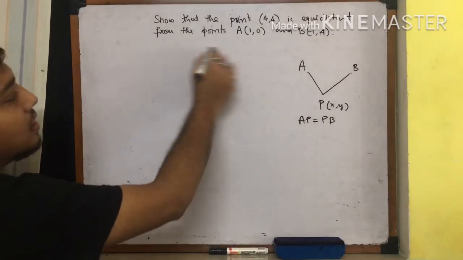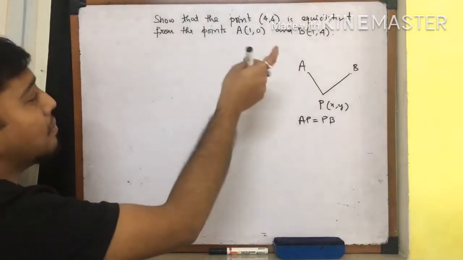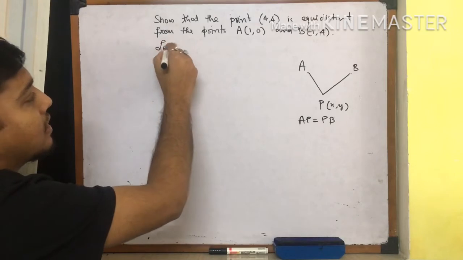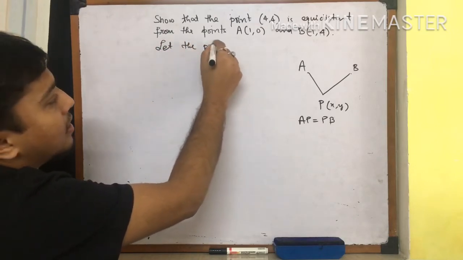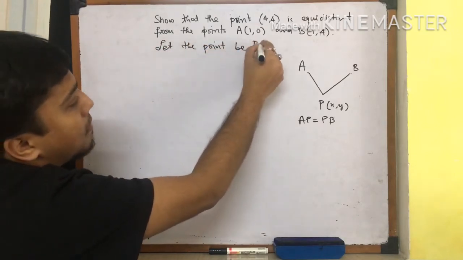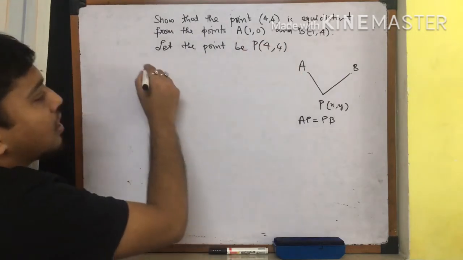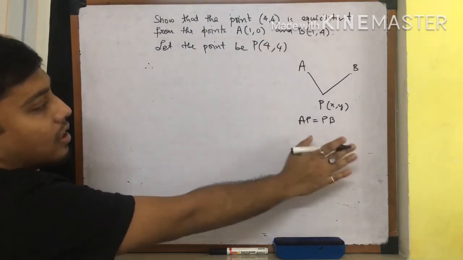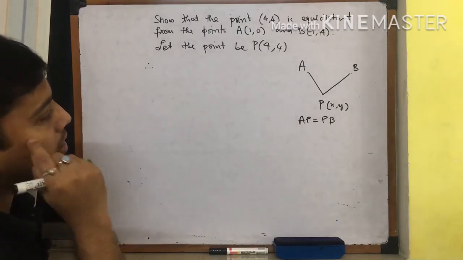Therefore, these are the coordinates of A and B, and let the point be P(4, 4). Therefore, you can draw this diagram.